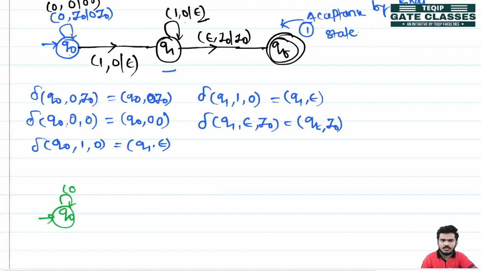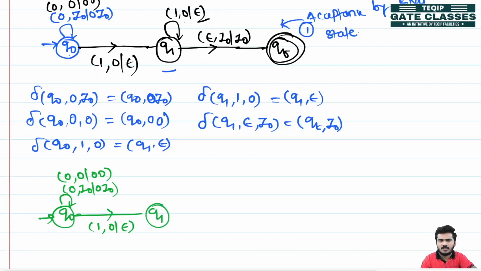If the input is 0 and top of the stack is Z0, I will update it to 0 Z0. Similarly, if the input is 0 and top of the stack is also 0, then I will update it to 0 0. Similarly, if 1 occurs and top of the stack is 0, then we will pop that and we go to the Q1 state. And in the Q1 state, also if the input is 1 and top of the stack is 0, then we will do popping only.